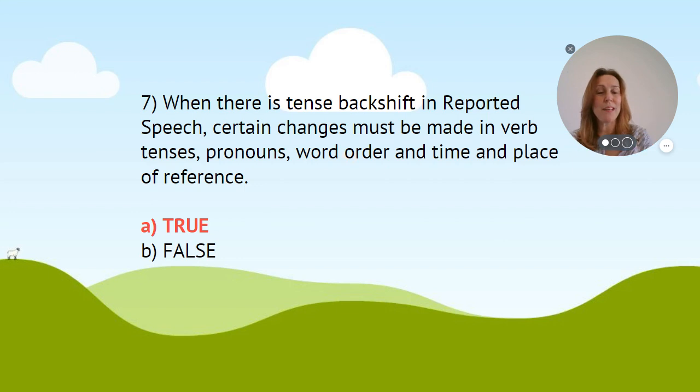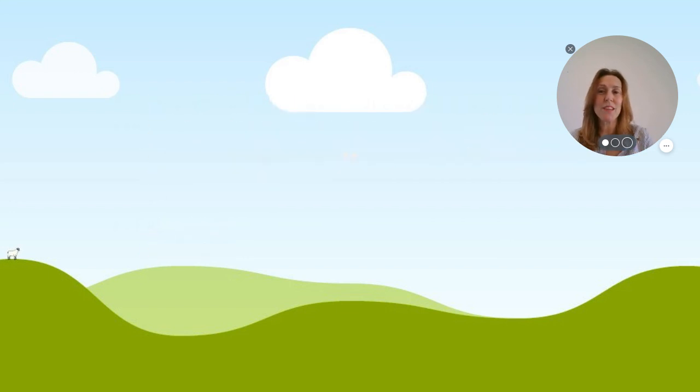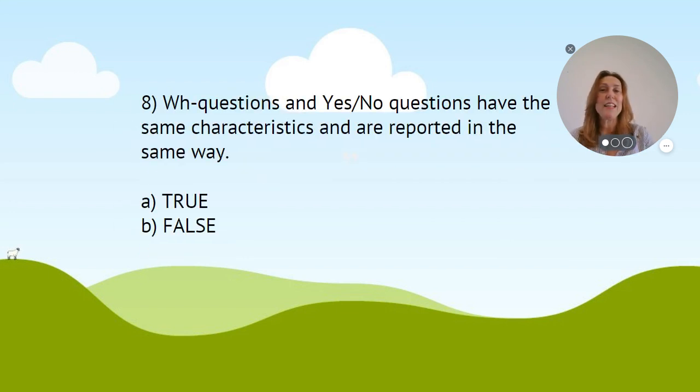This is what we have been commenting on. 8. WH questions and yes-no questions have the same characteristics and are reported in the same way. Is this true or false? Take some time to think about this. False. They have a different structure.